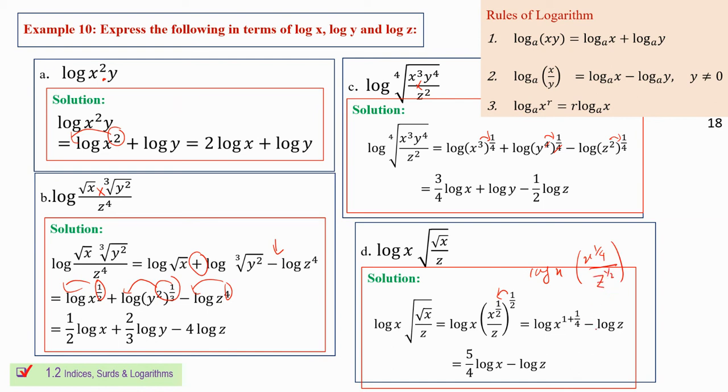So you can notice that I left out 1 over 2 over here. When I bring it out, it becomes 1 over 2 minus 1 over 2. And why is this one minus here? Because when I separated my log, it becomes minus.